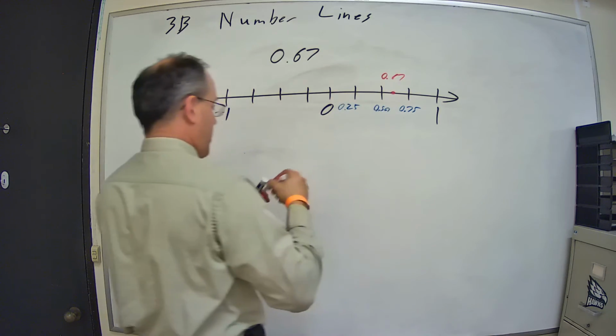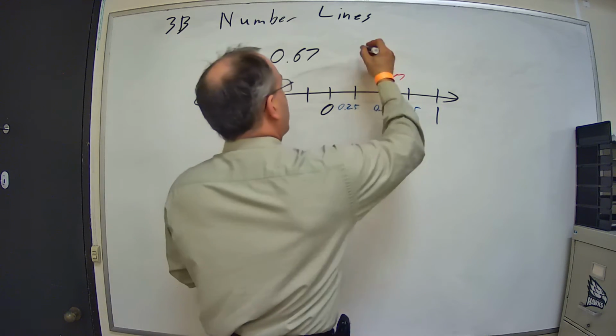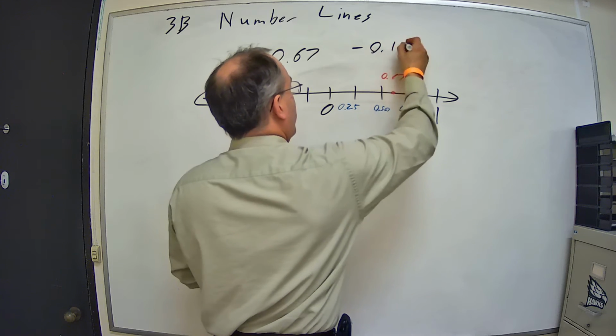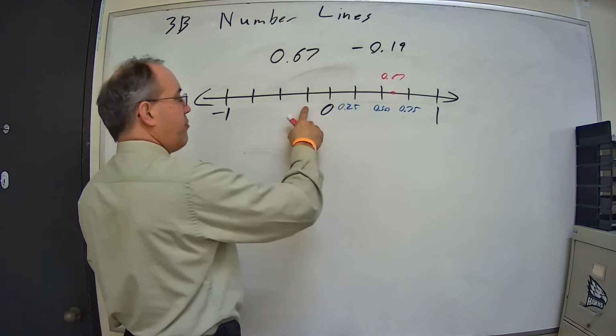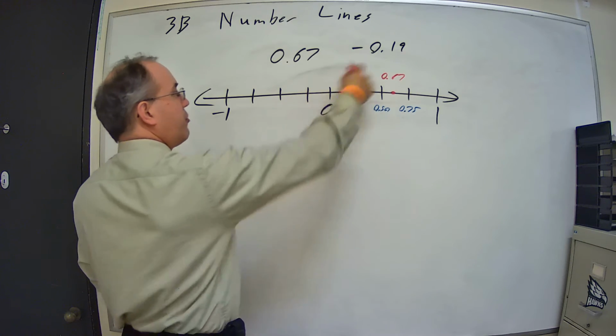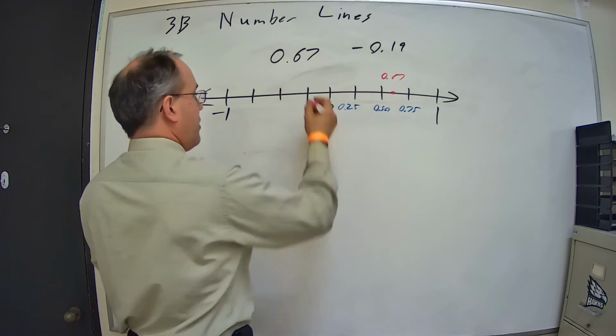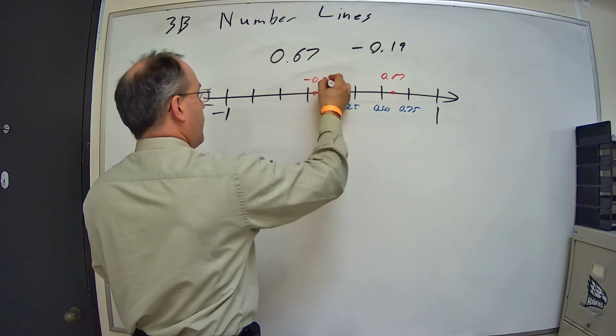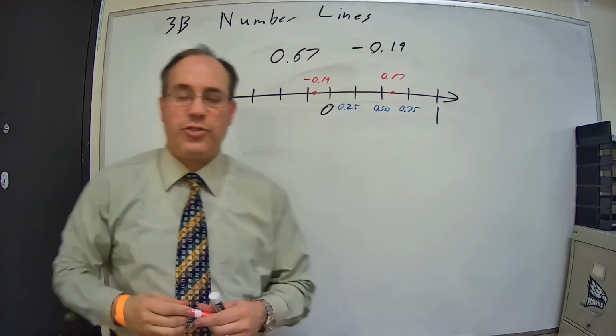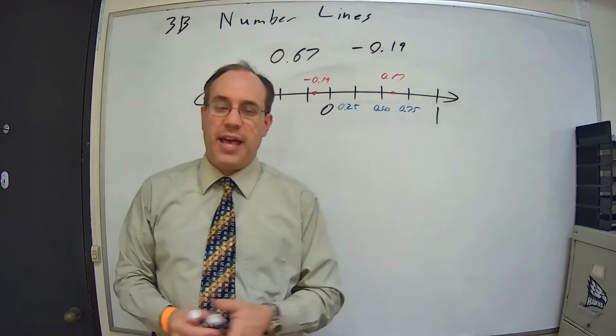Or if we have negative 0.19, we know that's negative 0.25, negative 0.5, well 0.19 is not going to be as far out as that, so we have negative 0.19. So just the difference that happens with that.